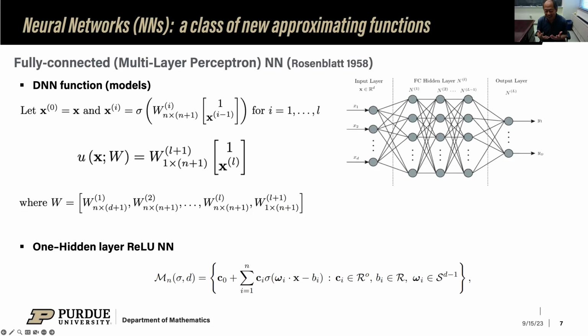Every time I learn a little bit more about this neural network, in terms of approximation, not as a series approximation, I get excited. This was invented in 1958 by Rosenblatt.